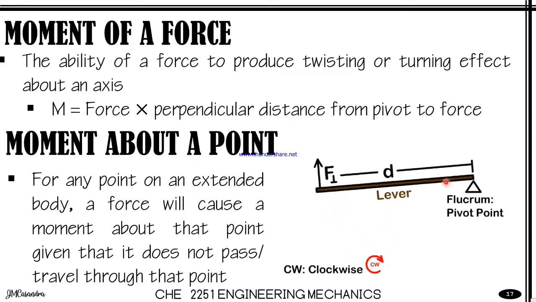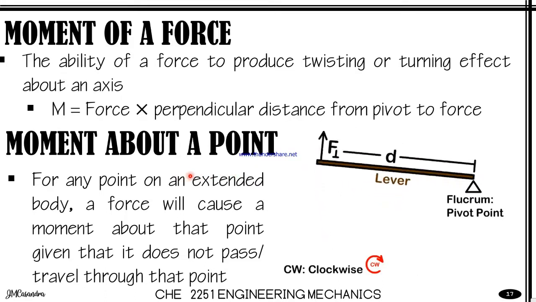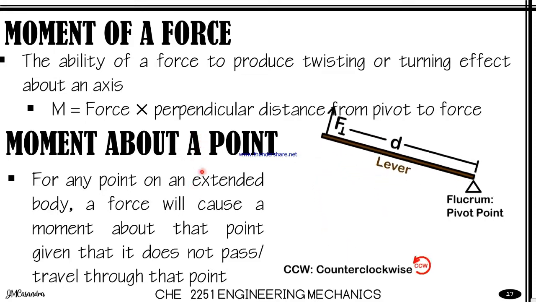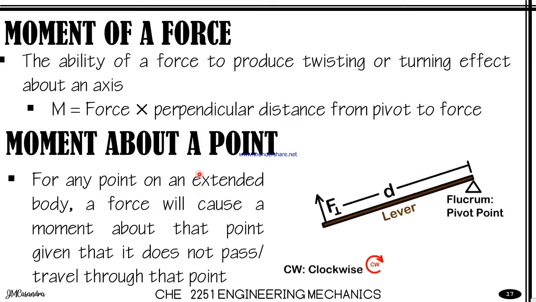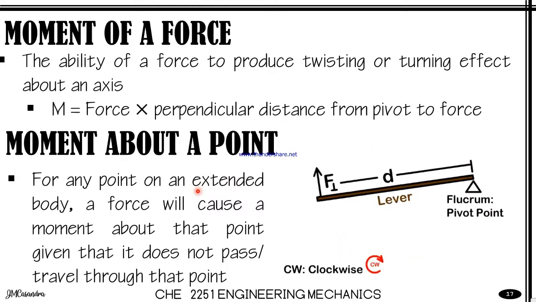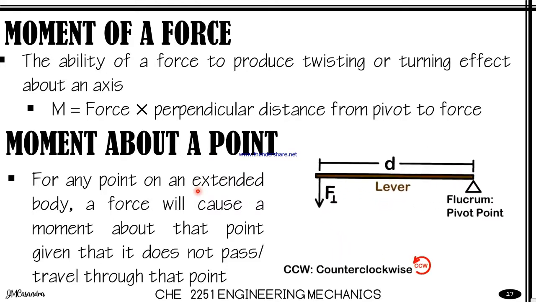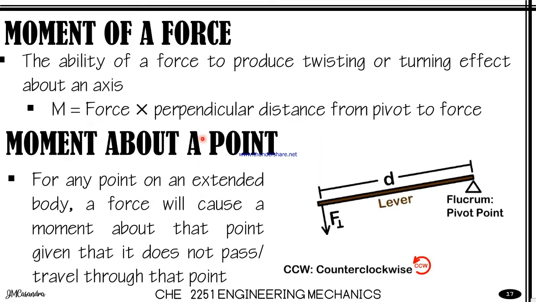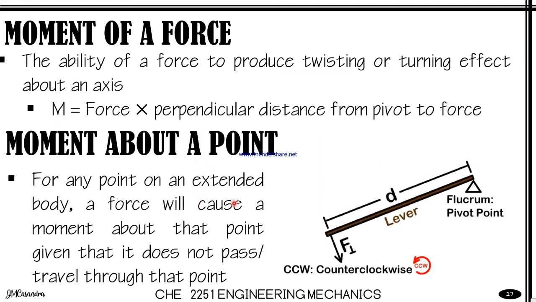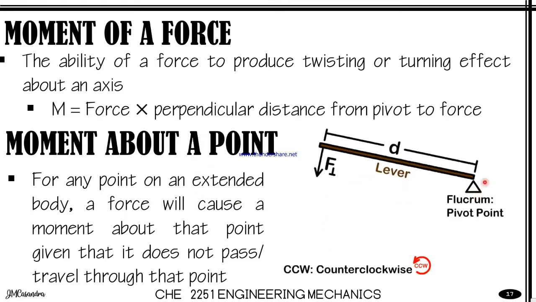A force that is applied at an extension at this point will still cause a rotation on our fulcrum, or on our system. This force will cause this movement as long as it does not pass through the point.